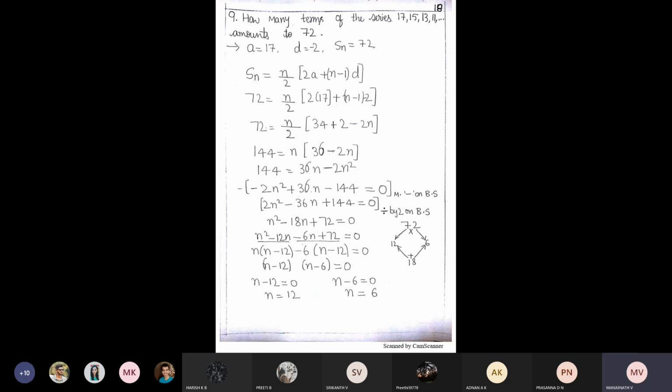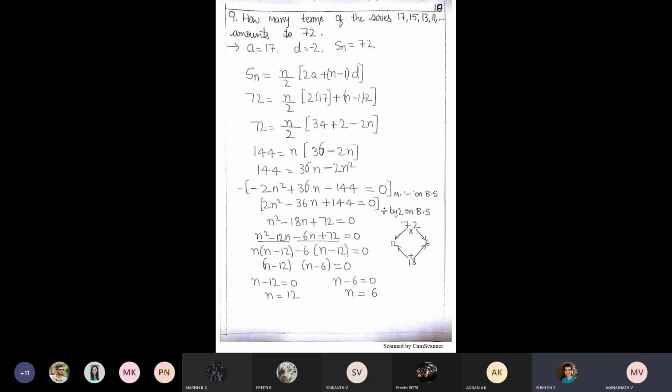Sumedh, you are there? Yeah, sir. With the solution, can you explain based on your 10th standard knowledge? Yeah. We start by multiplying minus on both sides, from that step onward.